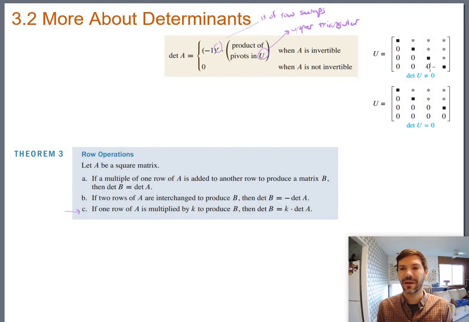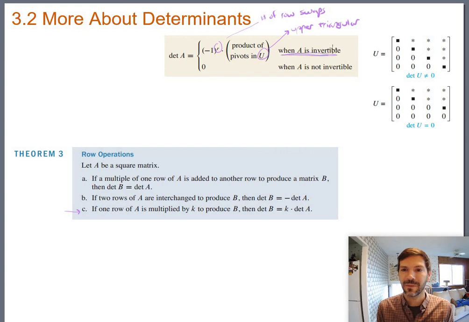That's great. That means a lot of things, right? Remember the invertible matrix theorem? It means the columns are linearly independent, and it means we could ultimately row reduce to the identity, and it means a bunch of other things. It means the inverse exists. And that's important for what they're saying right here.